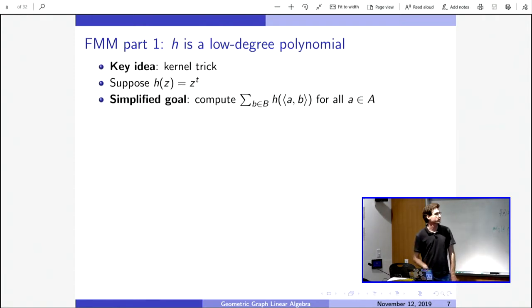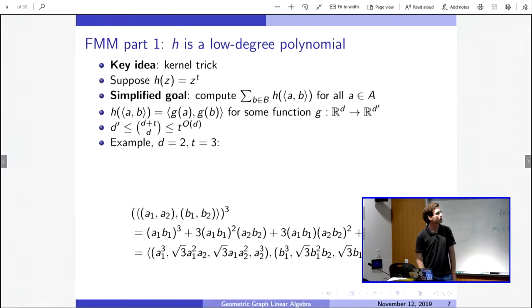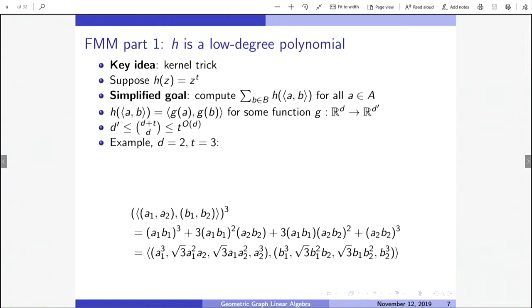Some of you probably already recognize how you do this in near linear time. This is using what's called the kernel trick. The idea is that the inner product of a and b, to the t, can be written as the inner product of g of a and g of b for some embedding g into high dimensions.